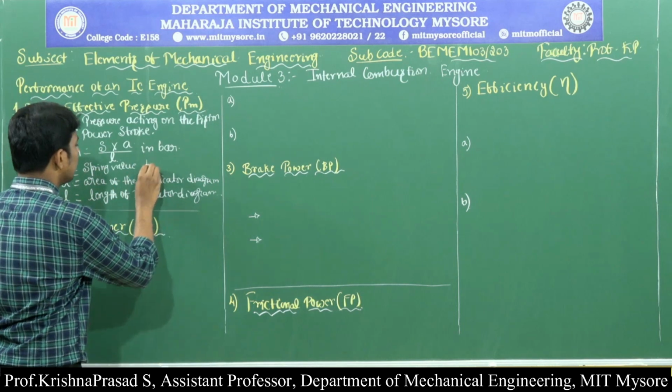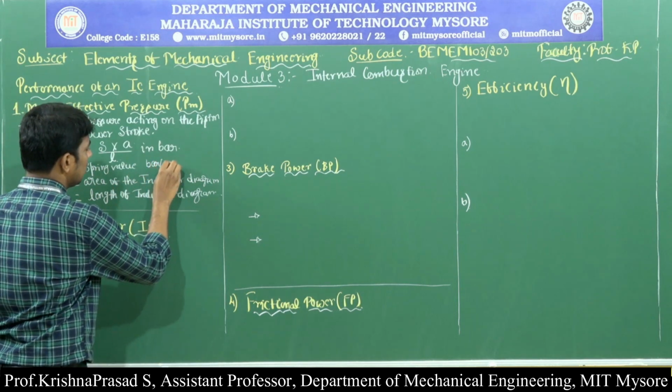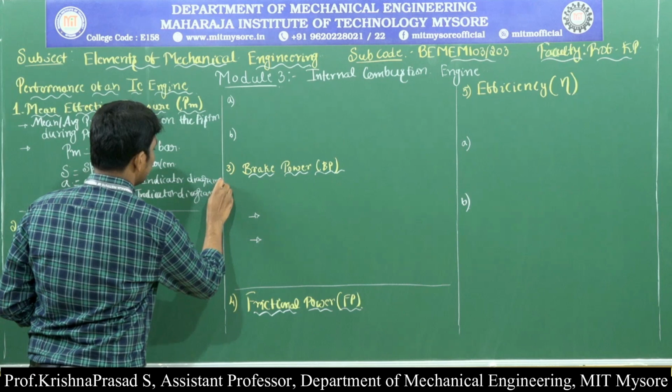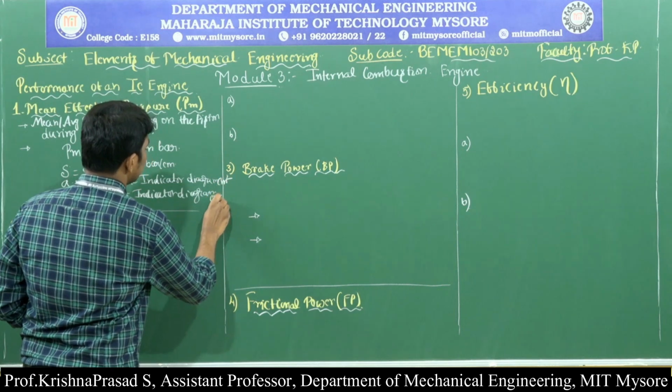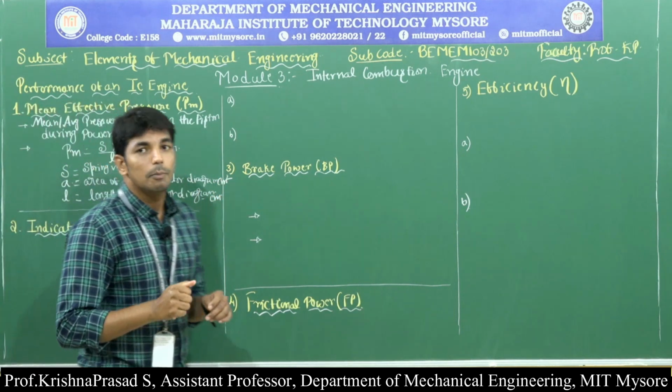Here S is in bar per centimeter, the area is in centimeter square, and the length is in centimeter. So this is called mean effective pressure.